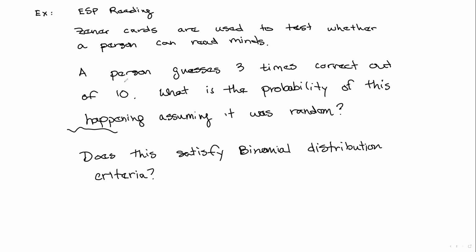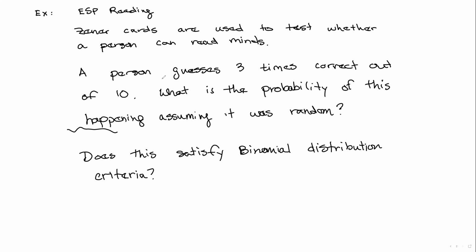So why would you want to answer this? Well, if you're testing somebody and they guess 3 times correct, you want to know, if it was completely random, how likely is that? Because knowing how likely that is would help you determine whether the person actually has magical powers or not.